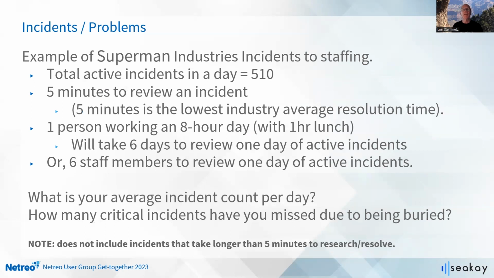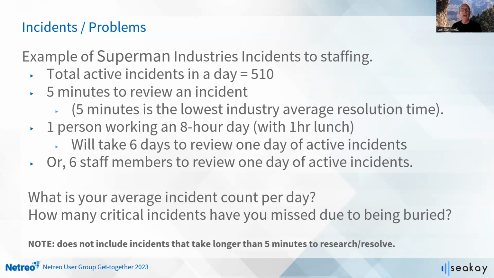So, an example of Superman Industries, the incidents to staffing model. Superman Industries has a total of active incidents in a day, a 24-hour period, of 510 incidents. Five minutes to review an incident, and that typically is the industry average resolution time.